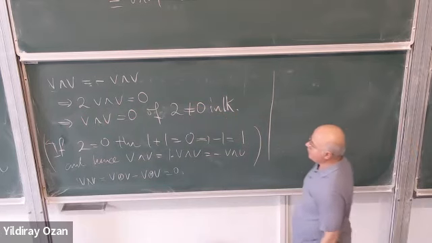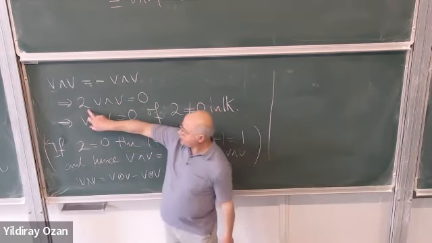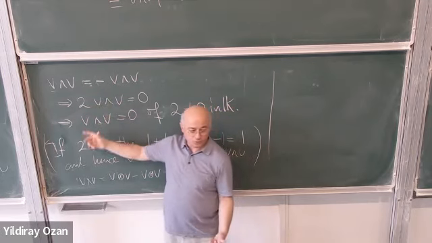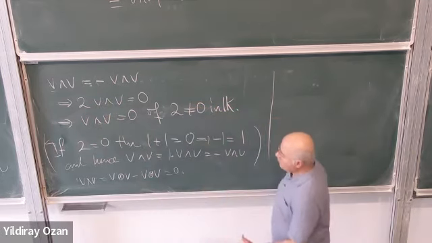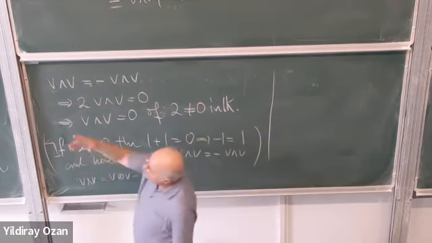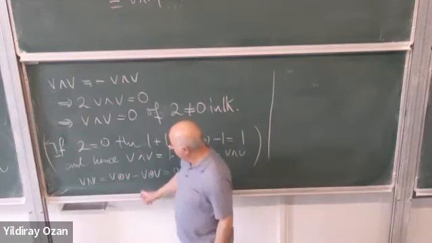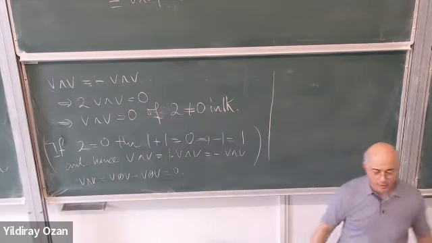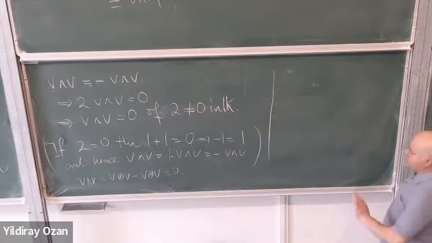If 2 is not 0, I can divide by 2 and obtain this. But if 2 is 0, you cannot do that. However, the actual definition of exterior product is there, and from this we already know that it is 0. All right.